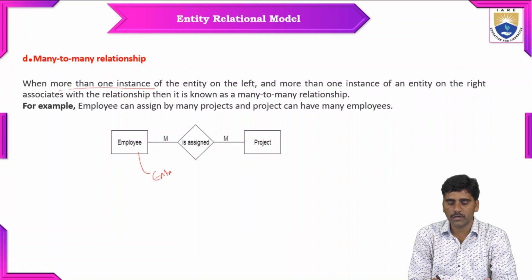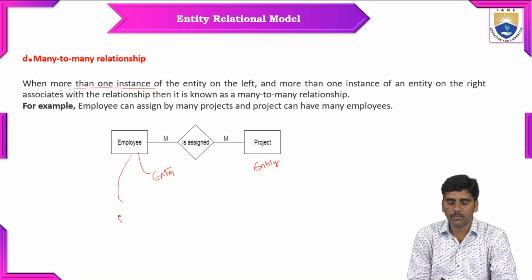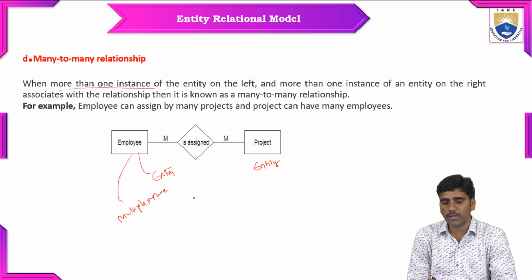this is also an entity and this is also an entity. So multiple instances of an entity are related with multiple instances of another entity.